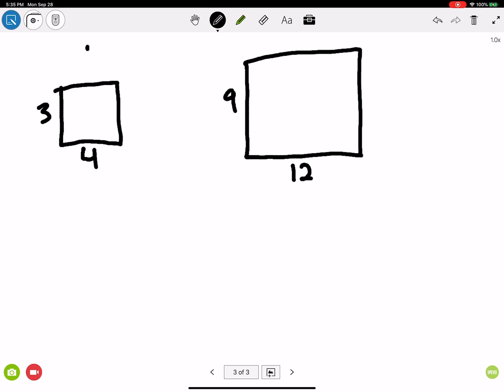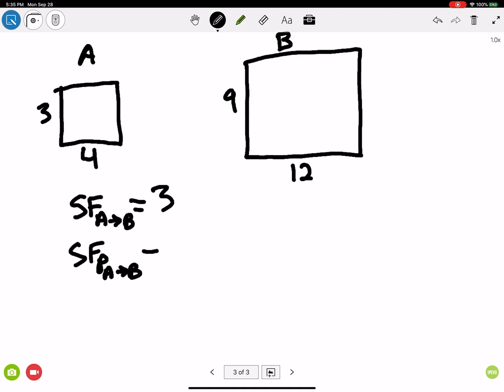And again, we're going to call this A, and we're going to call this B. What's my scale factor, my sides, going from A to B? It's 3, which means the scale factor, my perimeter, going from A to B, is also 3.